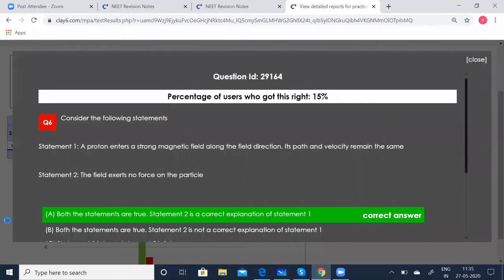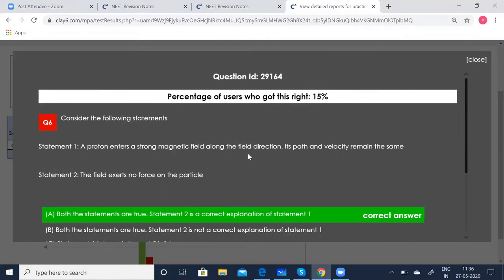A proton enters a strong magnetic field along the field direction. Its path and velocity remain the same. The field exerts no force on the particle. He says both the statements are true and statement 2 is a correct explanation of statement 1. So a proton enters a strong magnetic field along the field direction.